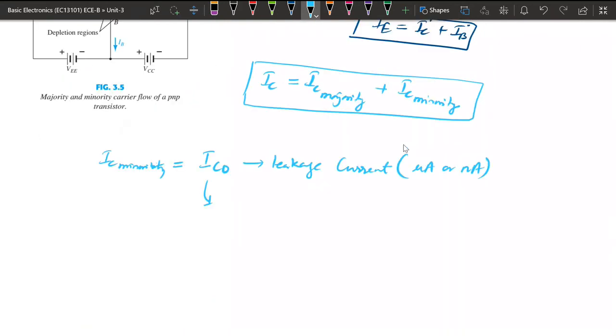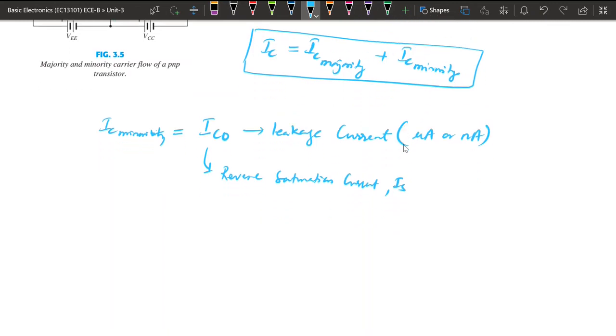Similarly here, one is the majority charge carrier current, and the other is the leakage current, or minority charge carrier current, which is similar to the reverse saturation current IS.